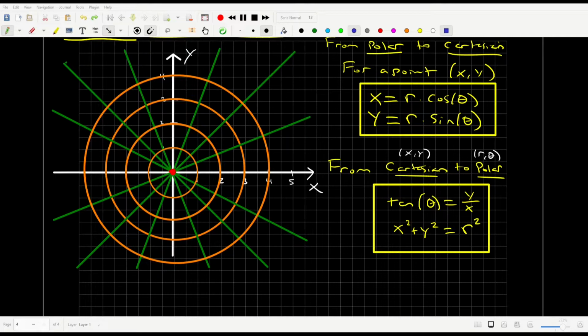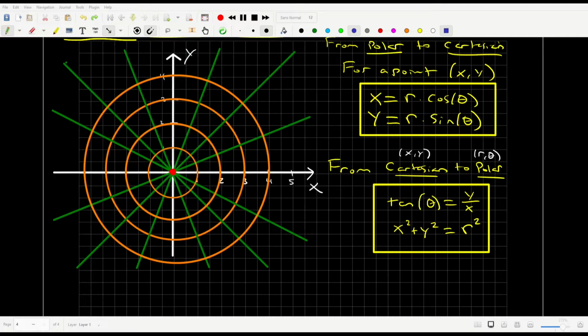So, for instance, the angle of pi over 4, radius of 2 square root 2, the point that we considered earlier, has the same polar representation as the point of the same radius, 2 root 2, and an angle of pi over 4 plus 2 pi. So there are infinitely many polar coordinates associated with any given point.